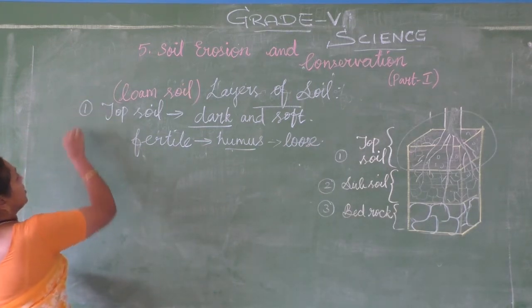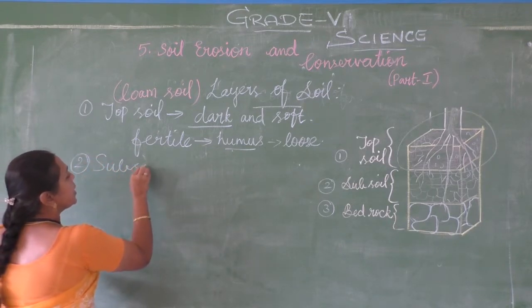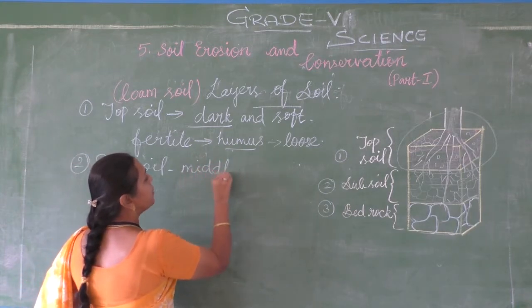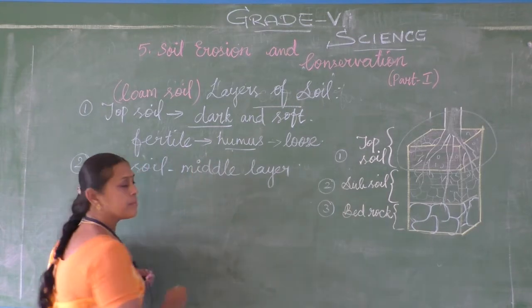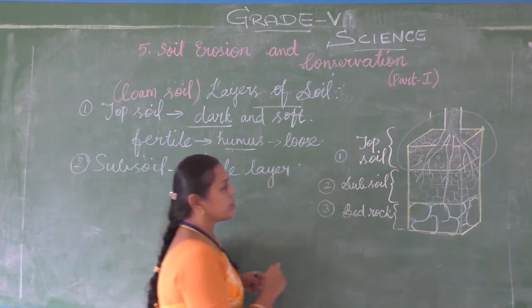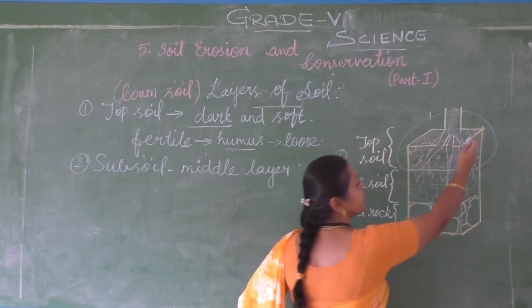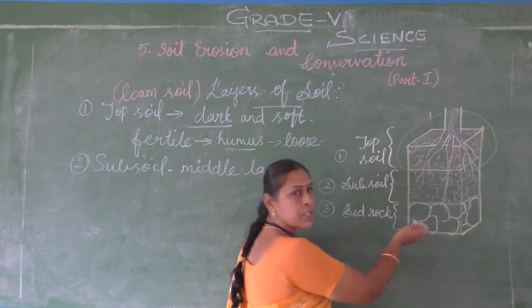This is the first one. Next, subsoil. Subsoil is the middle layer. So now, see here, this is the topsoil. This is the section of the earth. If you dig the earth, the layers will be arranged like this.